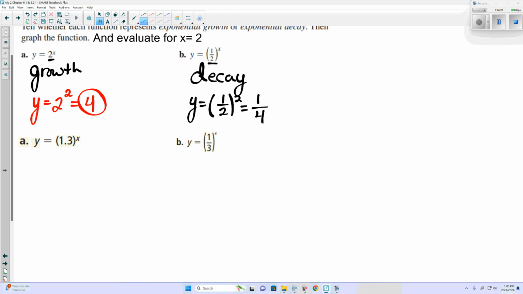We multiply across: 1 times 1 is 1, 2 times 2 is 4. Can you square a fraction and have it become a whole number? No, because you're squaring the top and the bottom.